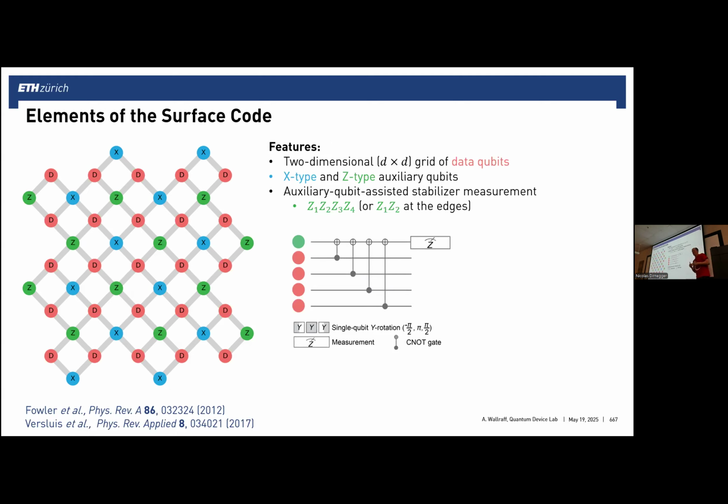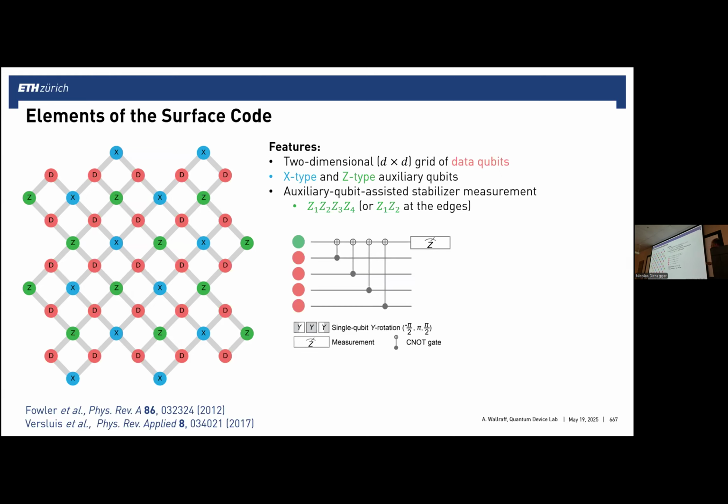You flip it twice, it's in the original state. You flip it four times, it's still in the original state, at least ideally. Now if one of the data qubits goes from 0 to 1, then you flip it an odd number of times, and then your auxiliary qubit will change state, and that's something that you can detect. And if all of your logical information is in even parity states, then this will learn nothing about the stored state.